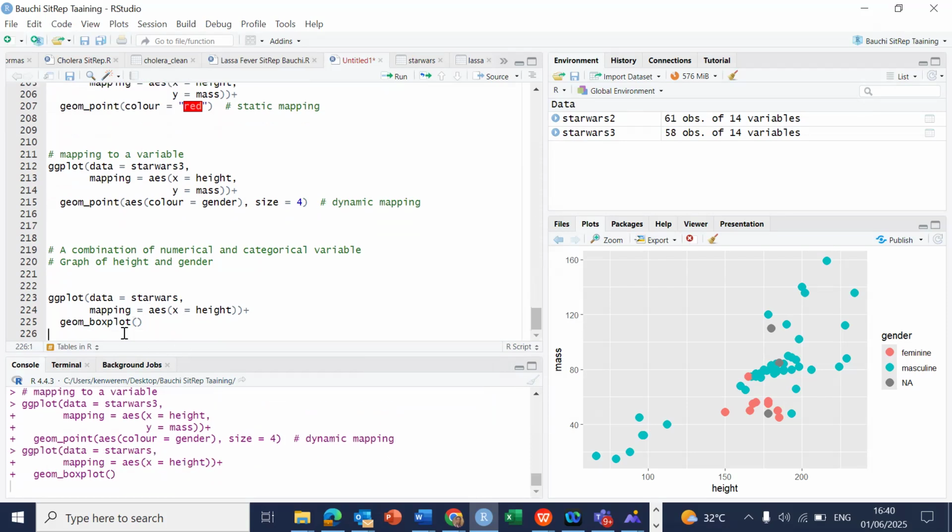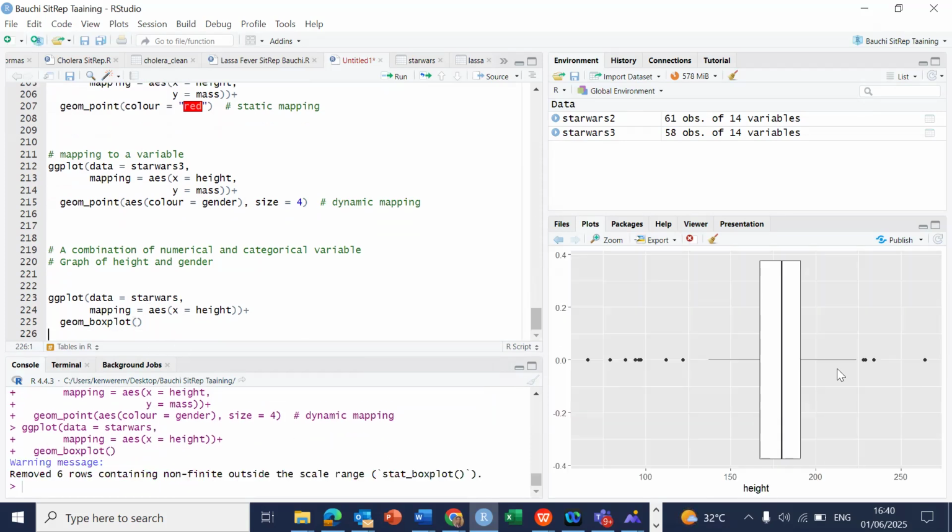If I plot it, I have a box plot. Can you see the box plot? Now, because we should also combine with a categorical variable, we have to disaggregate this. So here we put a comma, and on our y-axis we put gender. That's one way to do it.